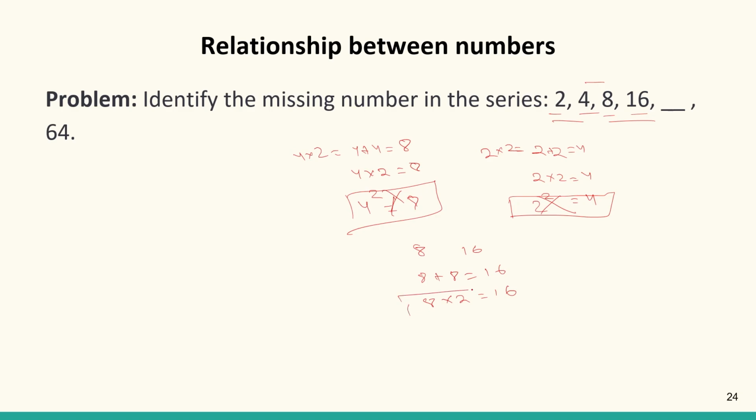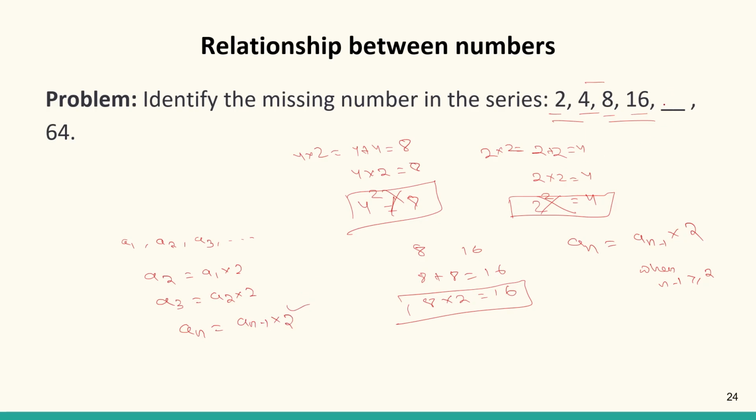So the pattern is something like this: a_n is equal to a_(n-1) into 2, where n is greater than or equal to 2. We have a sequence a1, a2, a3 and so on, where a2 is equal to a1 into 2, and a3 is equal to a2 into 2. So a_n is equal to a_(n-1) into 2.